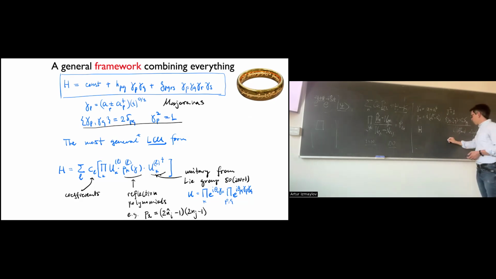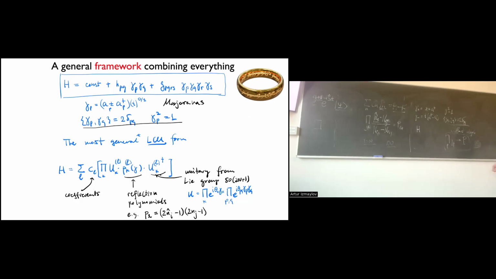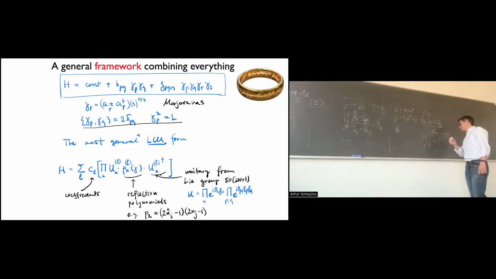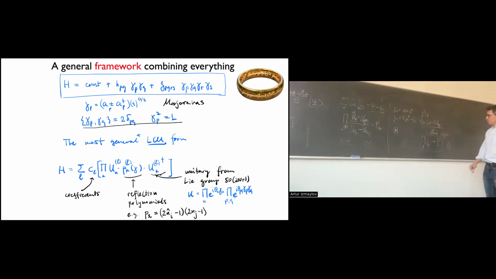And any product of Majoranas will be mapped, under any mapping, Jordan-Wigner, Bravyi-Kitaev, to a product of Paulis. This is a nice property because a product of A and A daggers maps to multiple Paulis, right? But a product of Majoranas maps to a single Pauli. So you may say, all right, what's the big deal?